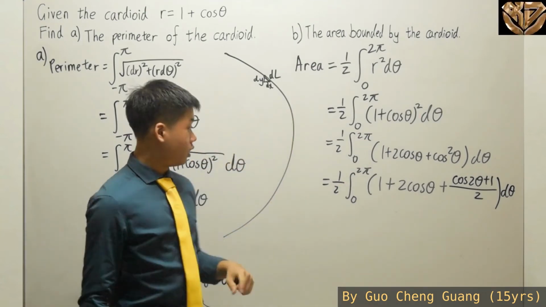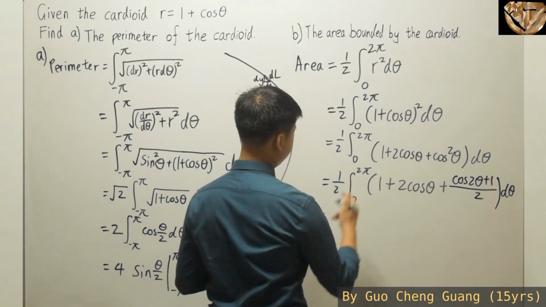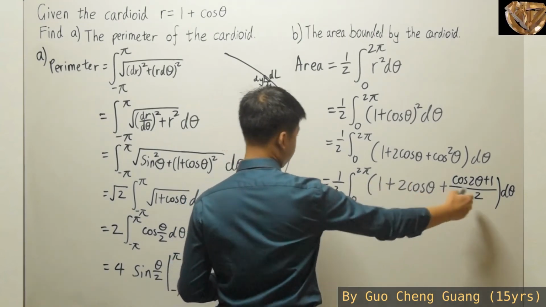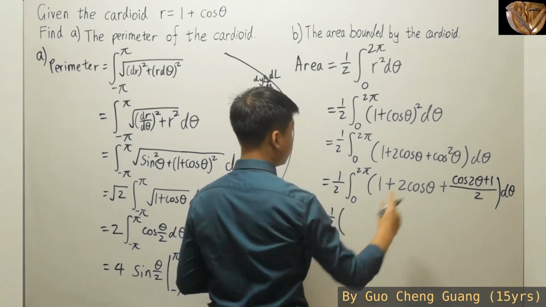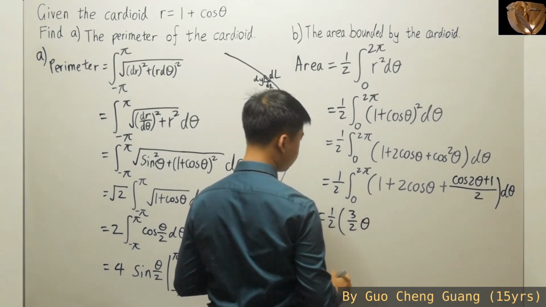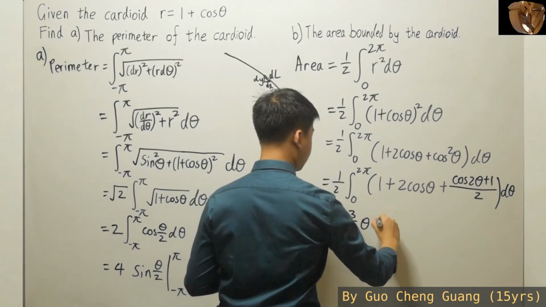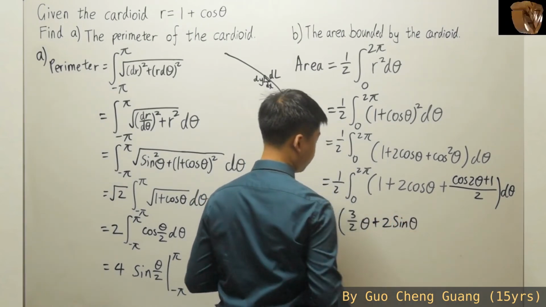Alright? So from this part, how about we rearrange it a little bit, or you can also just directly integrate it, since you would have a 3 over 2. So let's put this half out here again. So 3 over 2, you just get 3 over 2 theta. Now this part, 2 cosine theta, would give you plus 2 sine theta.